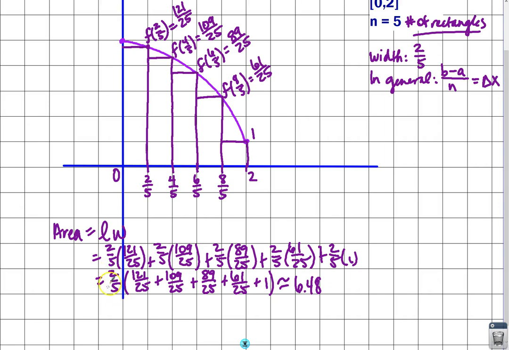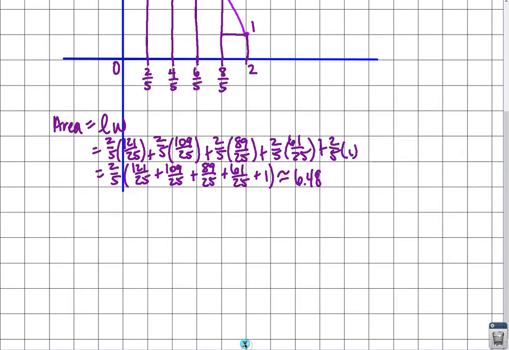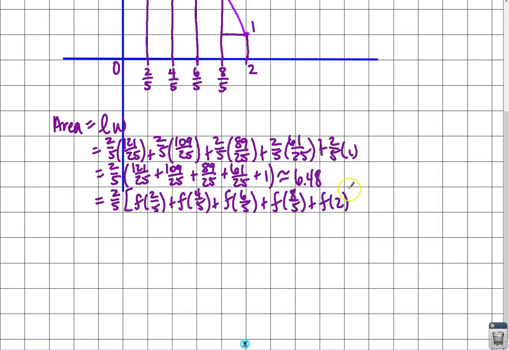So 2/5, that was the same thing as the delta x we had earlier. And this was the function value at 2/5, 4/5, 6/5, 8/5, and 2. So let's scroll down again here. I'm going to think of this as 2/5 times f of 2/5, f of 4/5, and so on.